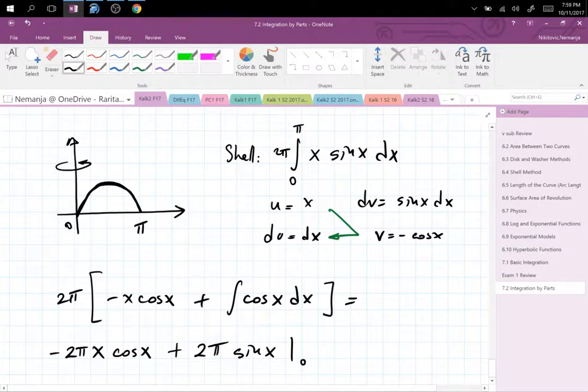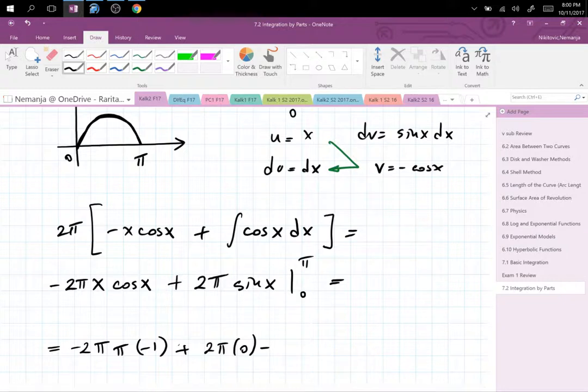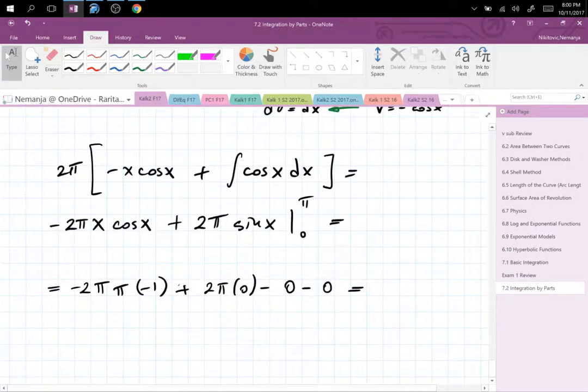Computed from 0 to pi. So when you plug in pi, cosine of pi is what? Negative 1. So we have 2 pi squared.